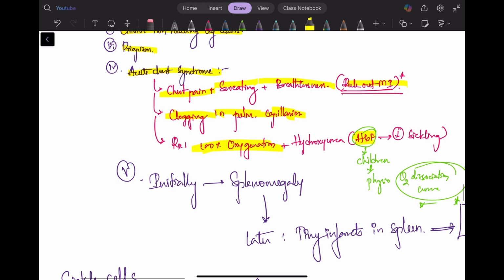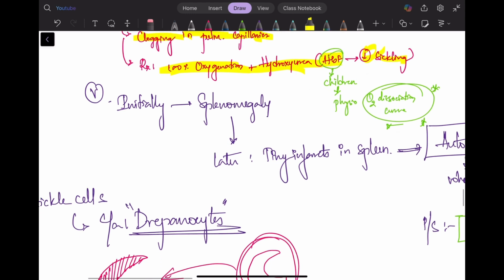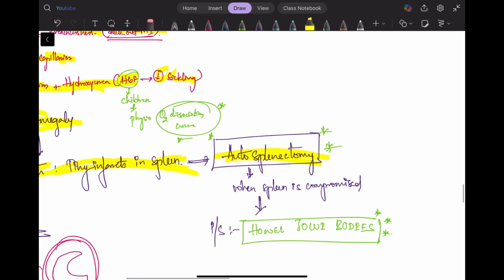So what is the treatment? 100% oxygenation, hydroxyurea. What is its mechanism? It increases HbF, fetal hemoglobin, which reduces sickling, right? Initially there will be splenomegaly, then later repeated infarcts in the spleen, which lead to autosplenectomy.